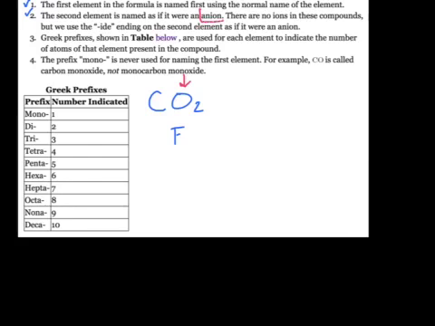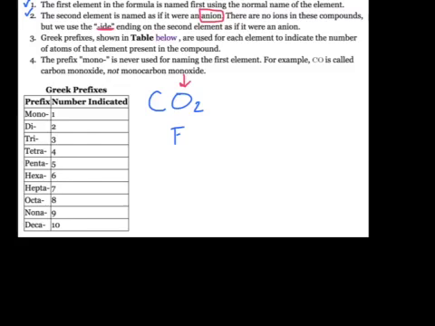We've already determined that anions end with IDE. There are no ions in these compounds, but we use the IDE ending on the second element as if it were an anion. Don't get bogged down in that. IDE is the ending.